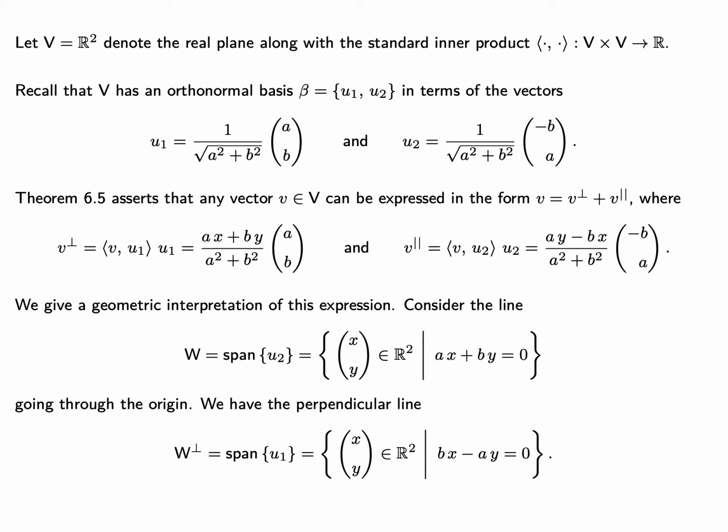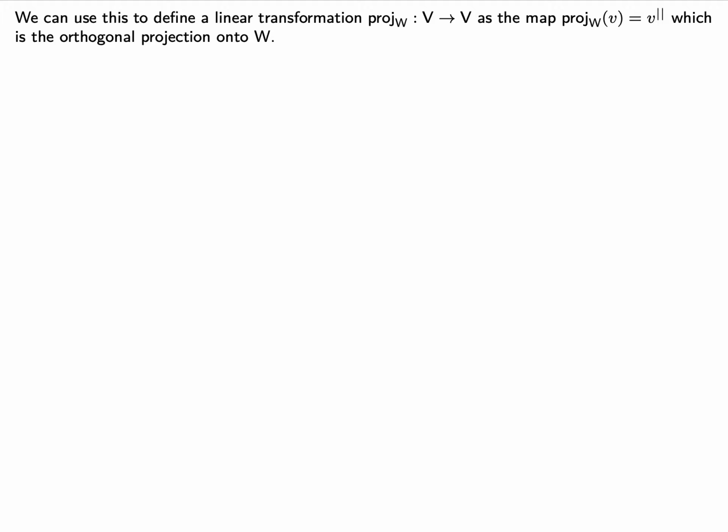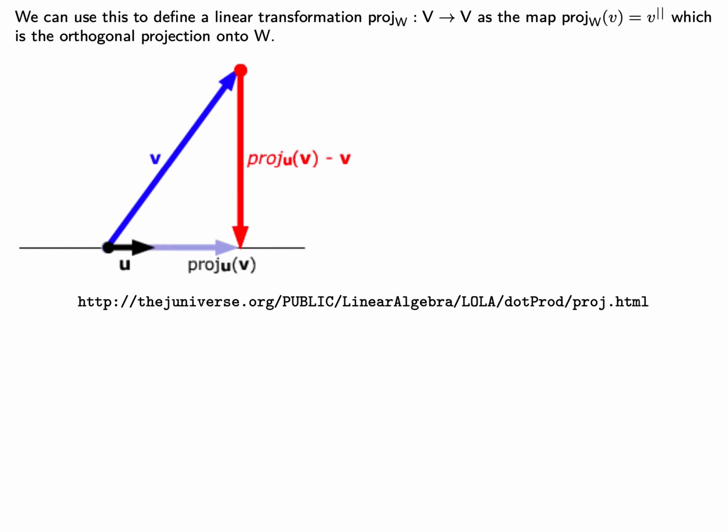We're going to use all of this to define a linear transformation from the vector space V to itself as that map that takes a vector lowercase v and sends it to lowercase v parallel. We're going to call this the orthogonal projection onto W. Here's a picture.